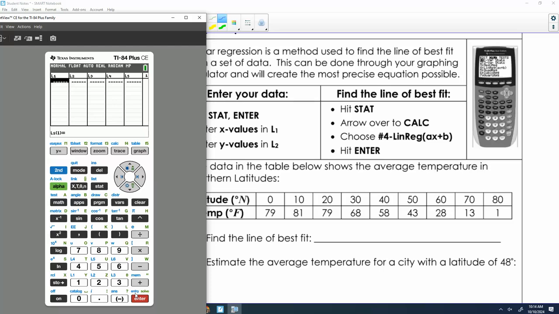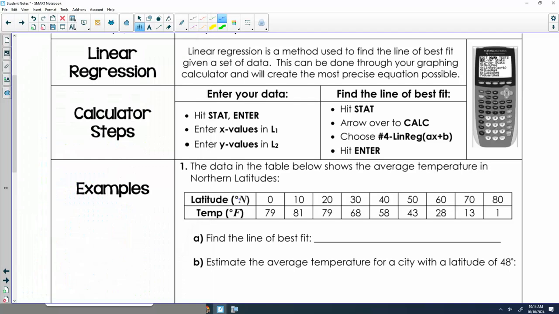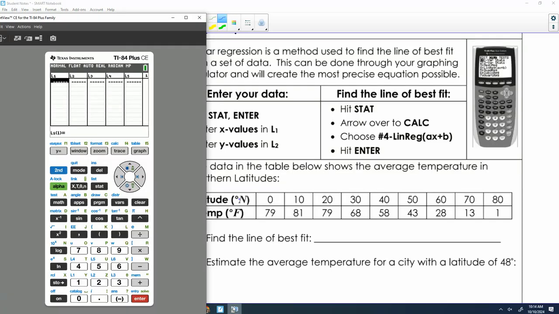So now, we're going to type this data in. We're going to do this row in the first list, and we'll do these points in the second list. I'm just going to type 0, enter, and it goes to the next one. My next number was 10, enter. 20, enter. 30, enter.